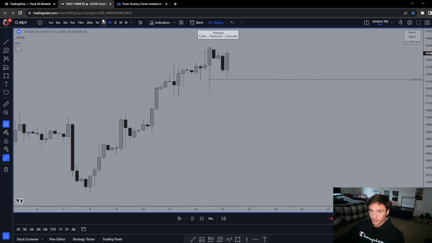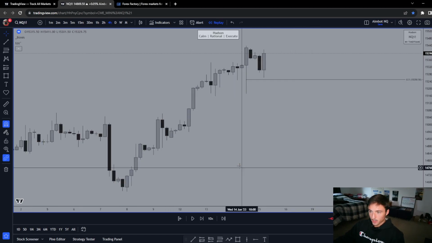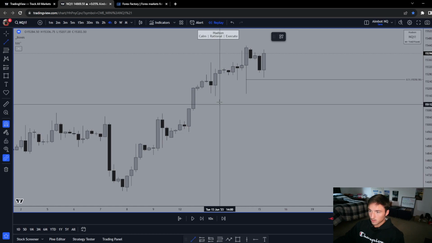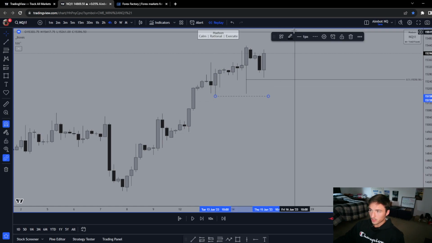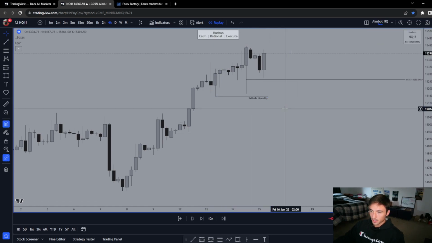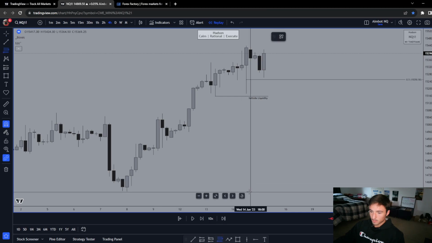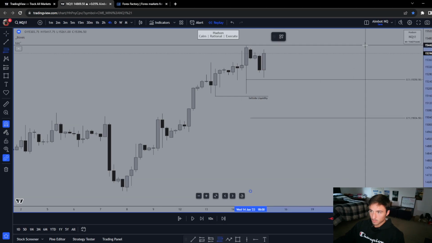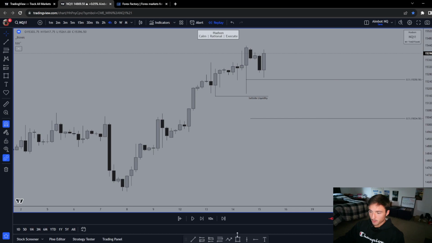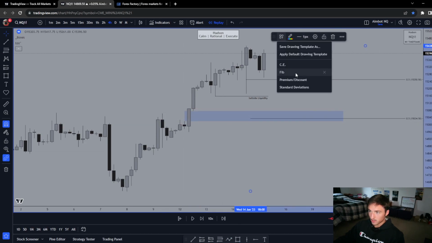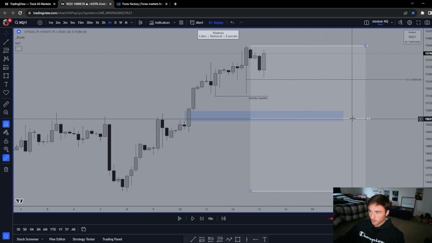So now what do we do? Okay, so we have these equal lows acting as sell side. If we want to come down further, I'd be interested to see what we do at this fair value gap that's in a discount of the range.